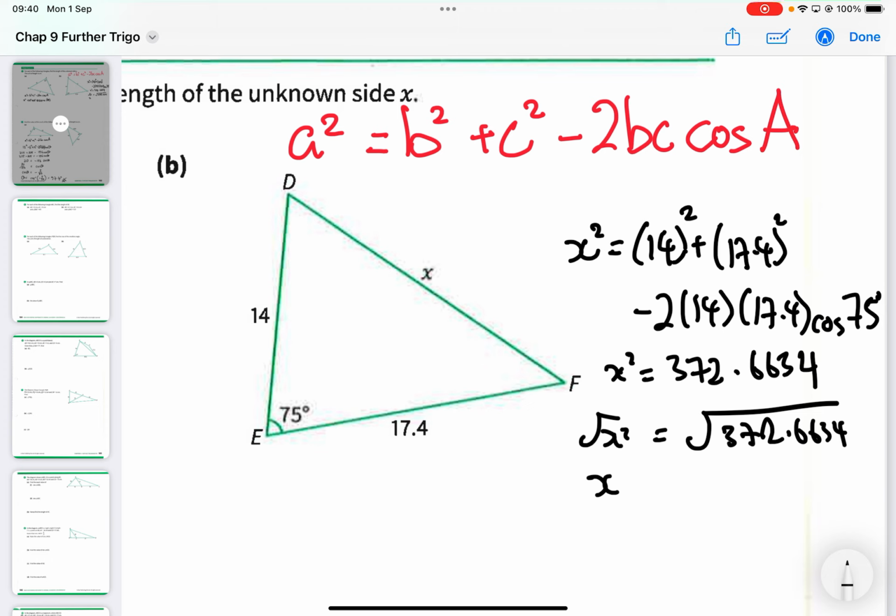So that my x squared can become x. Then I will know what is x when I square root the right hand side also. 19.304, or roughly 19.3. Like that only. The unit is in cm, so cm.